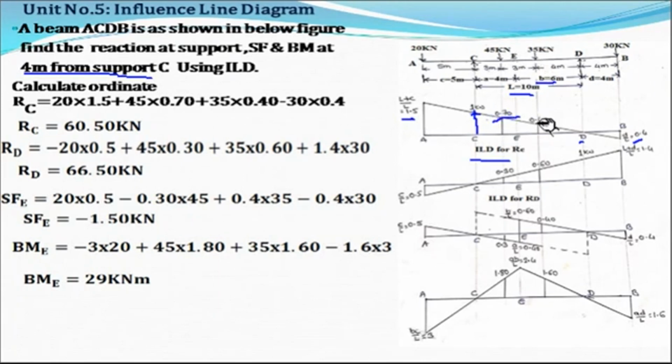Next point load is 35 into 0.40. Now here this ordinate is on the negative side, so it is minus. Point load is 30 kilonewton multiplied by 0.4. Okay, now if you solve this, we'll get the reaction at C is equal to 60.50 kilonewton.